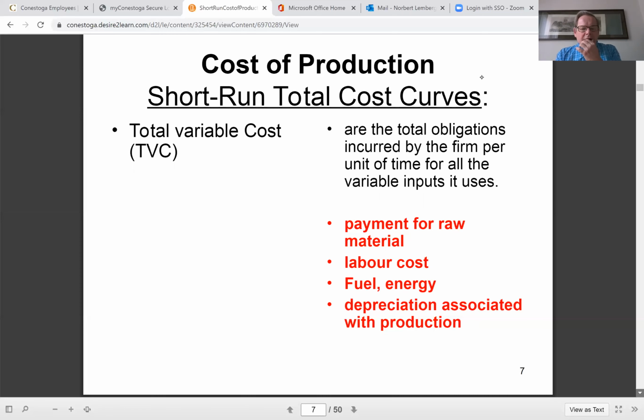If a company hires somebody for the first week and they work 10 hours at $20 an hour, they earn $200. The second week, the person is working 20 hours at $20 an hour, they're earning $400 that week. It's a variable cost. Fuel, the amount of energy that you consume, is another example of a variable cost. And depreciation associated with production is another example.